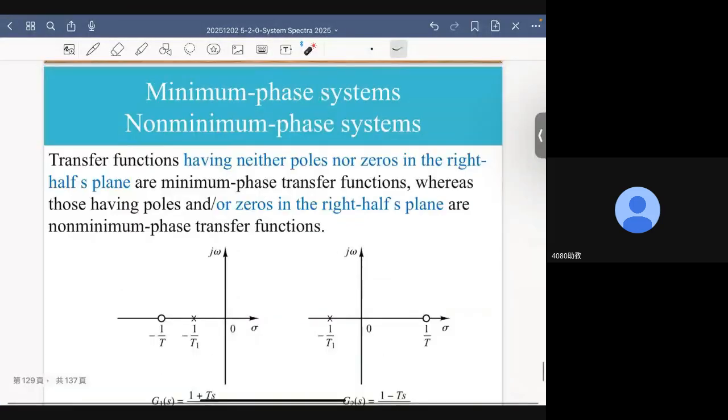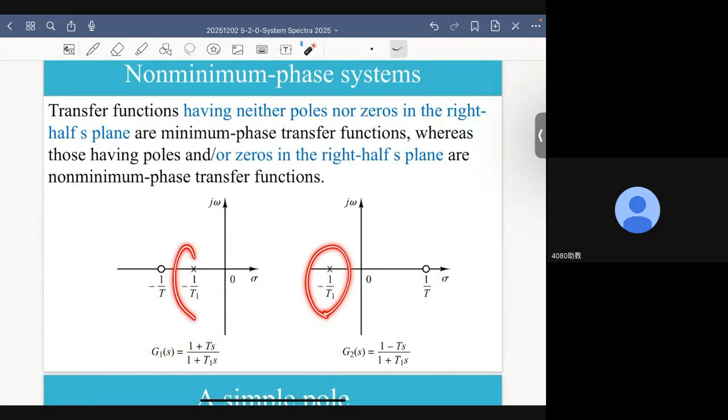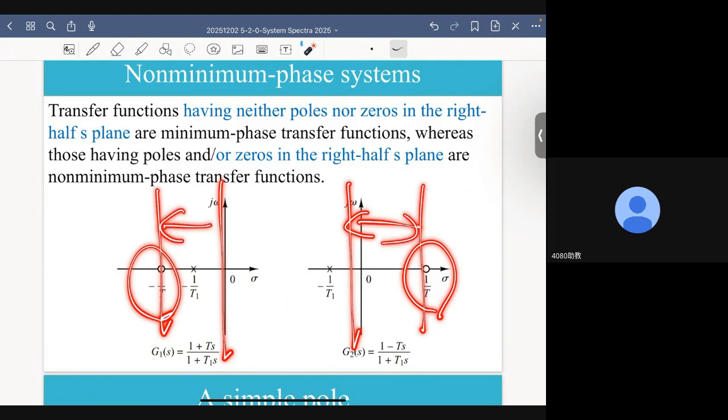However, there is one major difference between these two systems. They have the same pole, but they have different zeros. The magnitude of the zero, that is the distance between the zero and the imaginary axis, is the same.